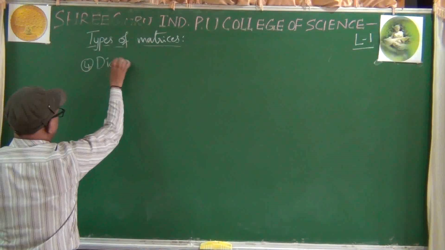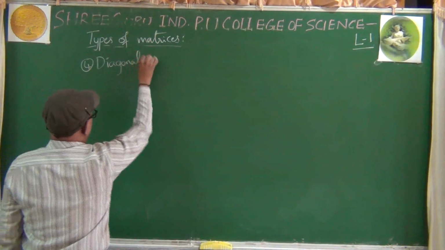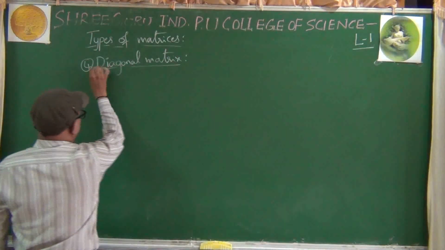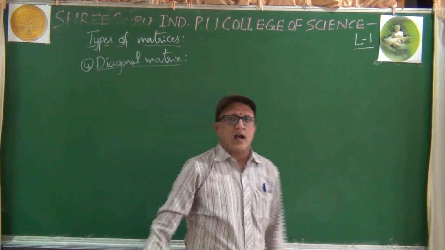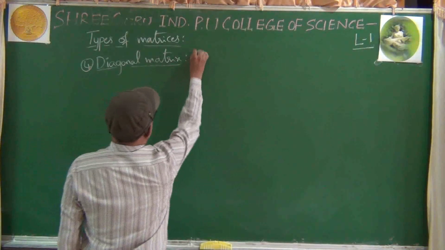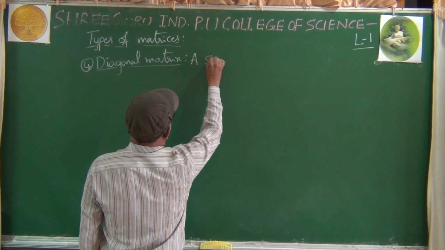Diagonal matrix. Let us see diagonal matrix. A matrix, a square matrix, that is important.